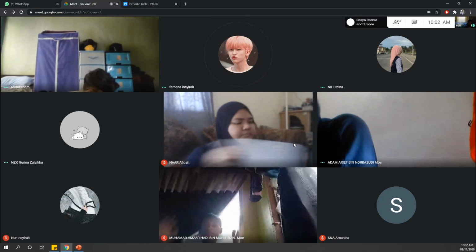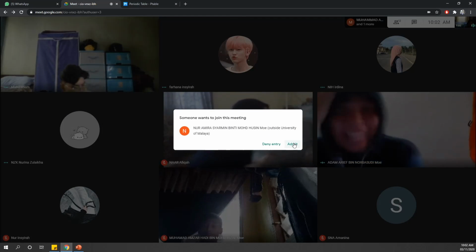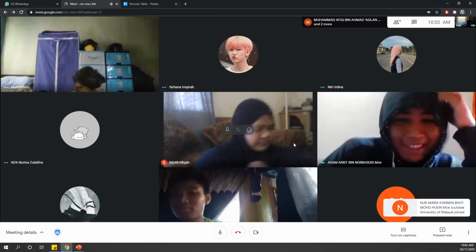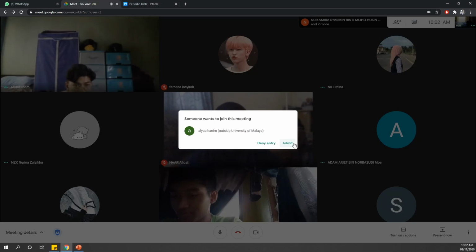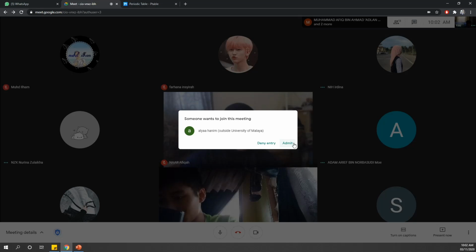So, soalan yang kita akan bincang today is soalan nombor 2, soalan nombor 9, soalan nombor 5 pun ada. So 2, 5, 9 and 12, and kalau sempat kita buat 15.